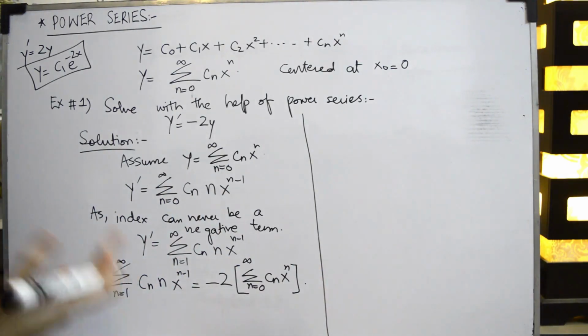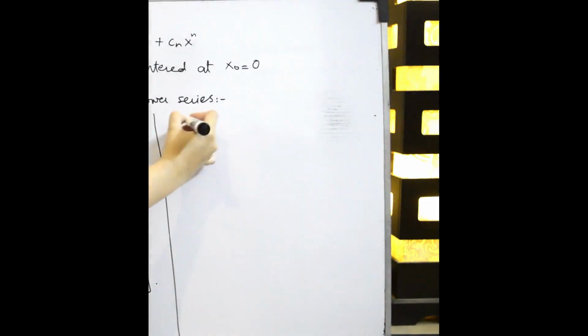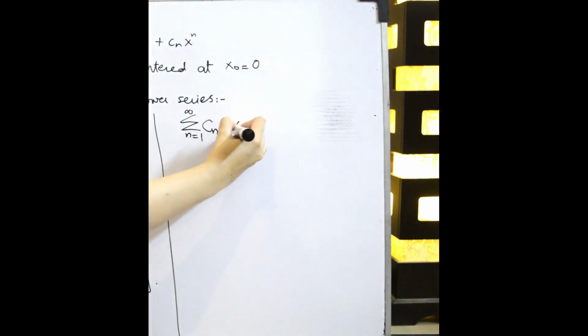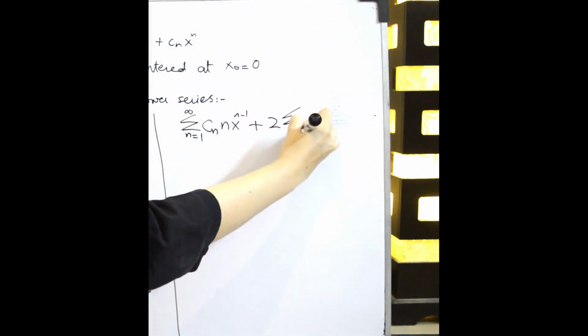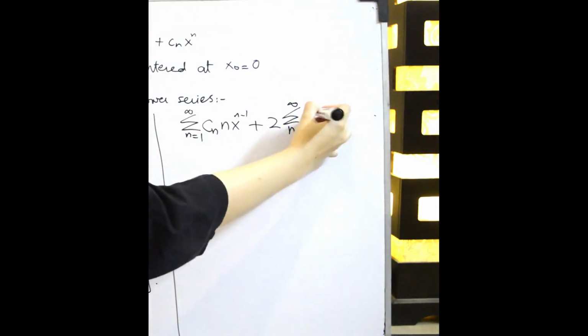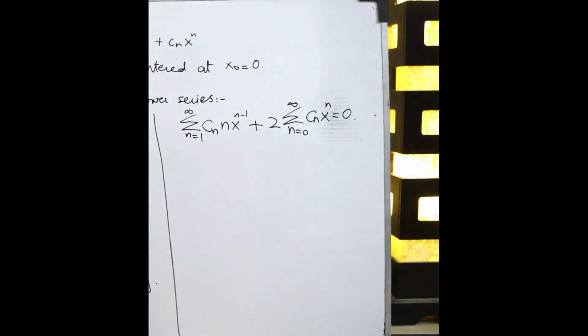Shifting the minus 2 to the left-hand side, it becomes the sum from n equals 1 to infinity of cn n x to the power n minus 1 plus 2 times the sum from n equals 0 to infinity of cn x to the power n equals 0.